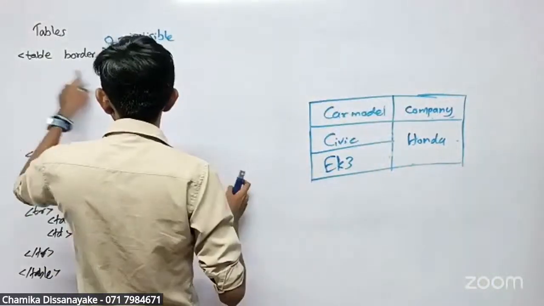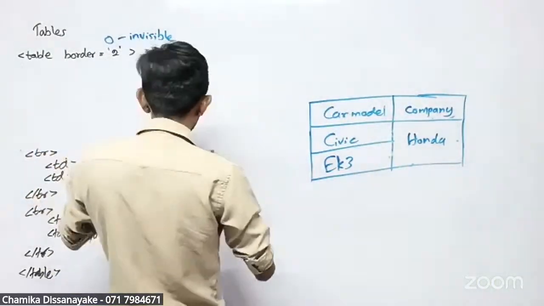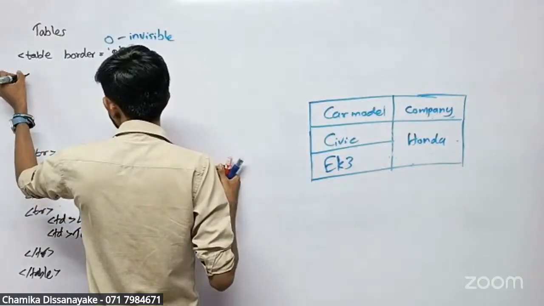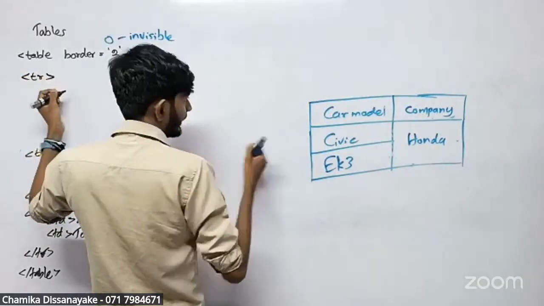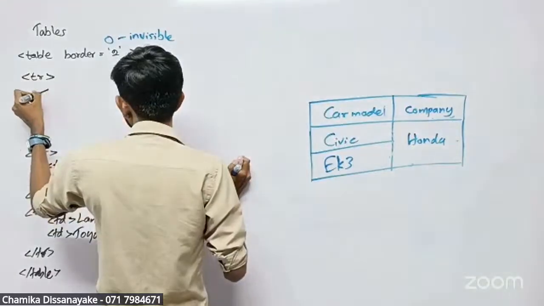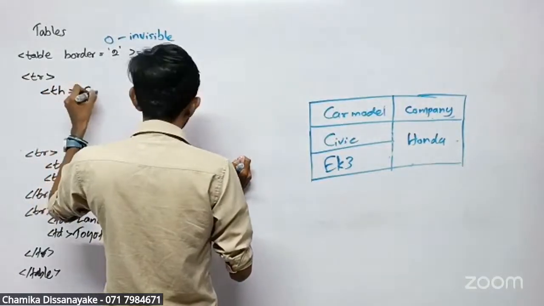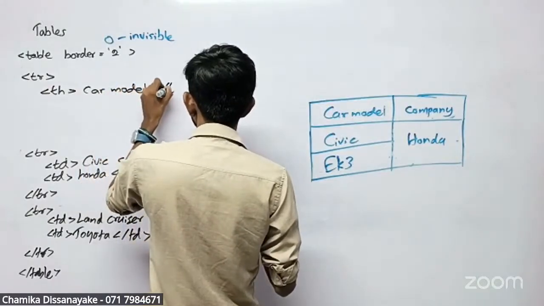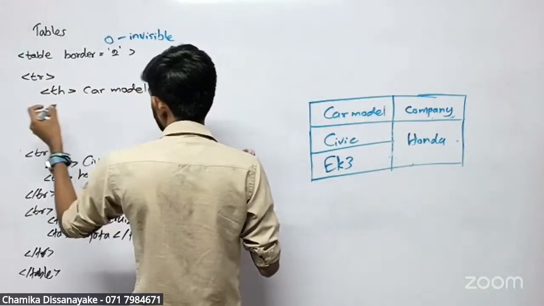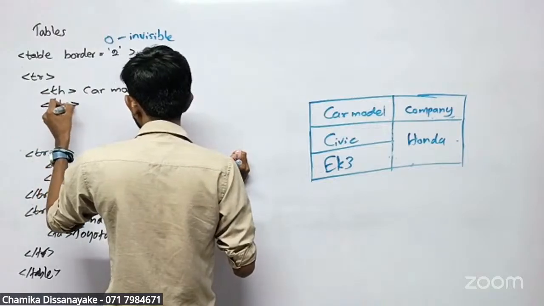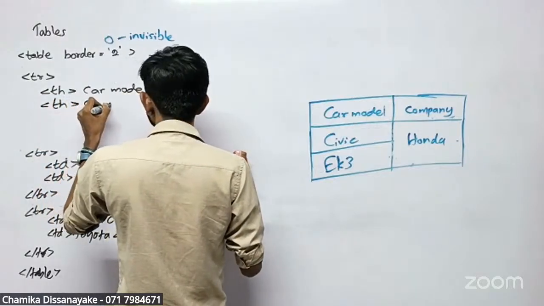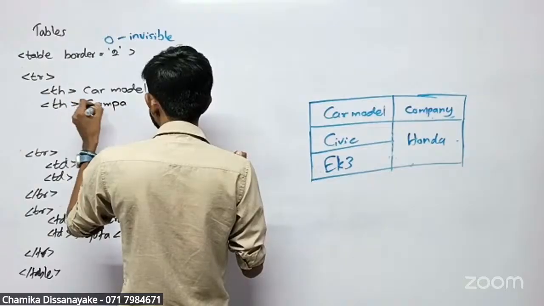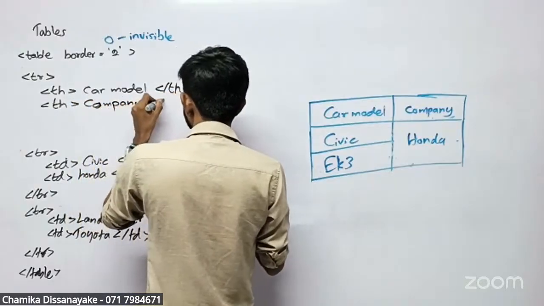First of all, we are going to start the table and the first row. Then to create the first row, TR. And as before, this is a heading, TH, car model. TH is closed. And then the second TH heading, company, that is also closed.